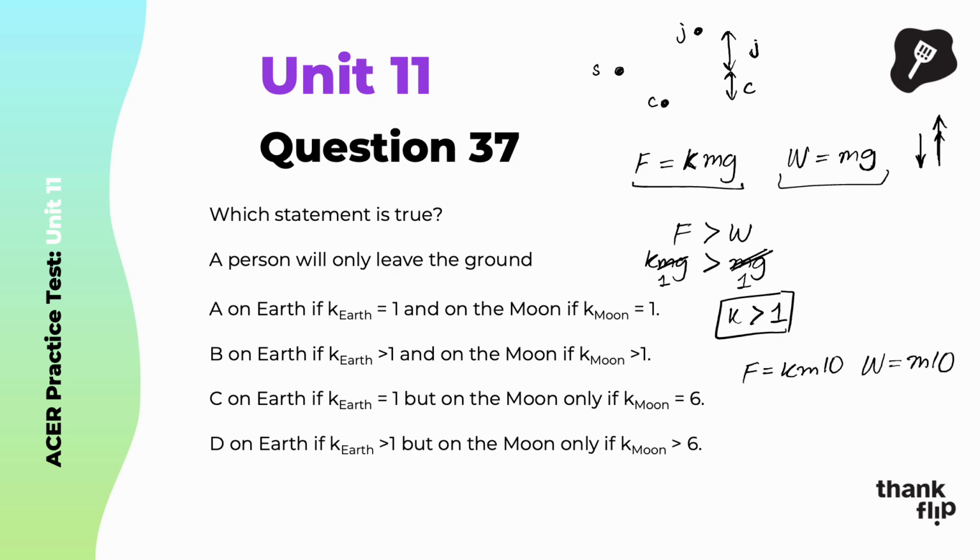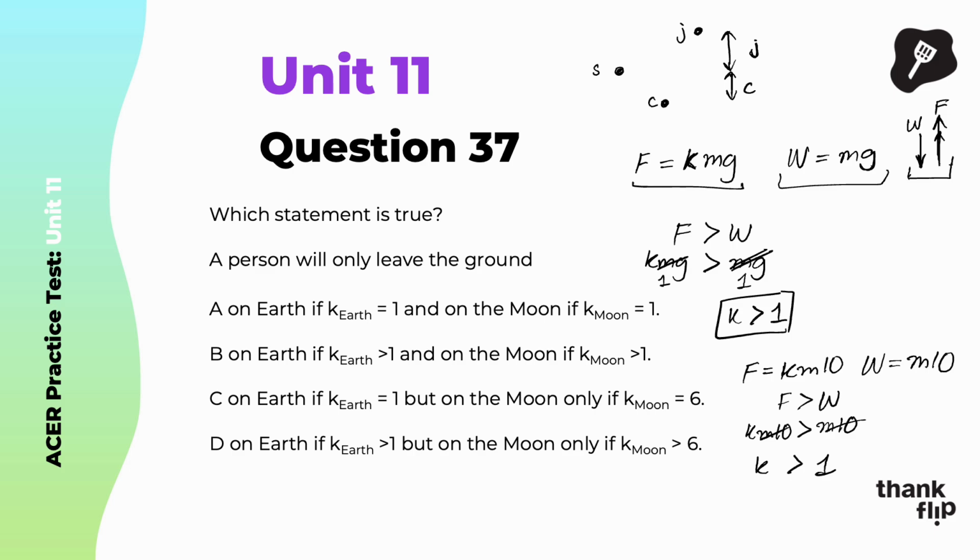And we're also given this information to assume that m is the same for all jumps, right? So that's fine. We can continue with this comparison. So then we have F must be greater than W because of what we discussed before here. So this is W, this is F. You have K, M10 must be greater than M10. So you can divide both sides by M10 and you get K is greater than 1.